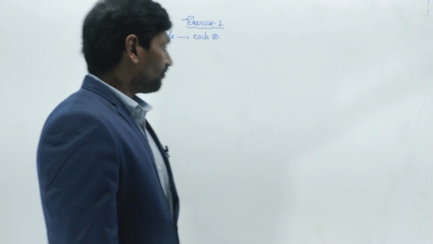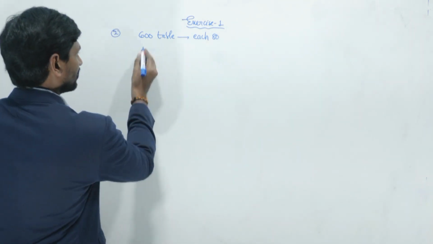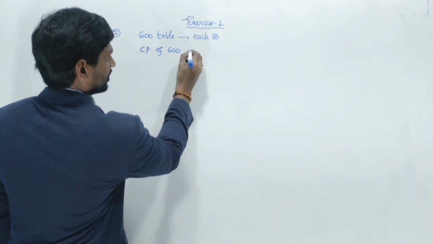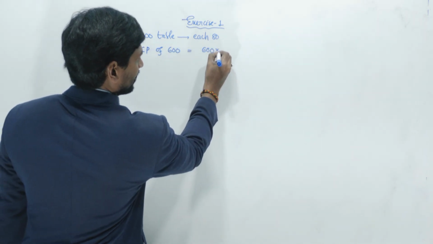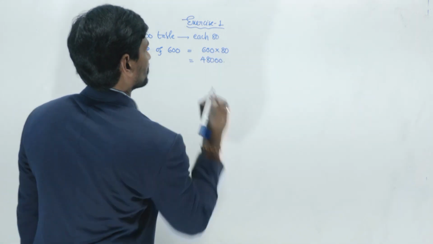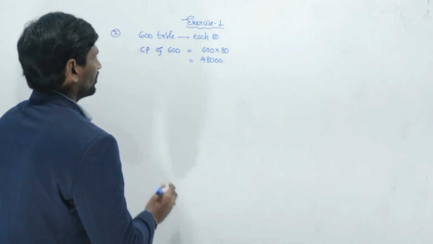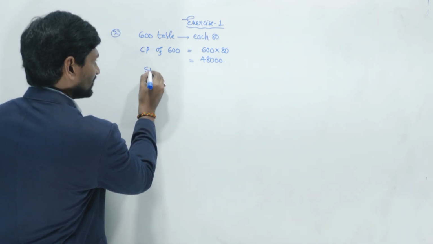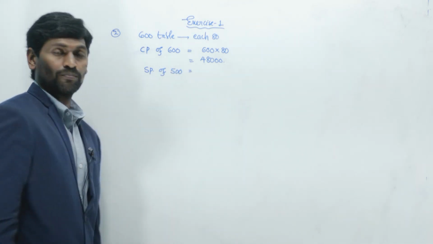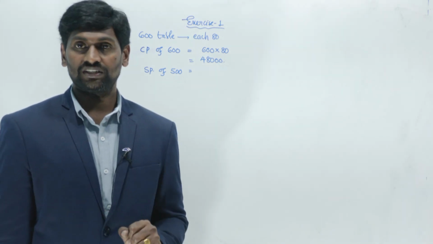First of all, let us find the cost price of 600 tables. Cost price of 600 tables equals 600 into 80, that is 48,000 rupees. 6 8s are 48, so 48,000 is the total cost. Now among them, he sold 500 tables, each at 10 rupees profit.